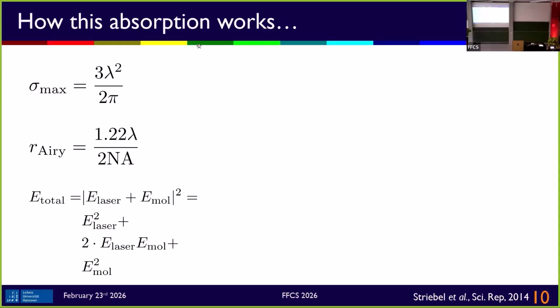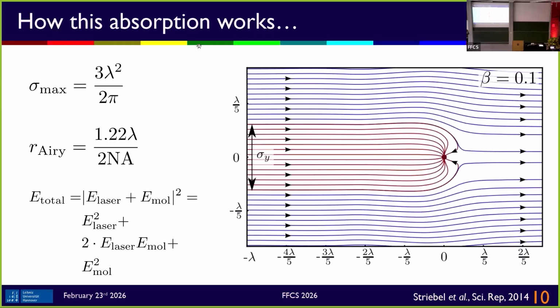And then I get these extinction terms, like this 2 E_laser E_molecule. Very important. If you think about it as an antenna, here we have a point dipole, and the absorption or extinction cross-section is way, way larger than the point dipole.